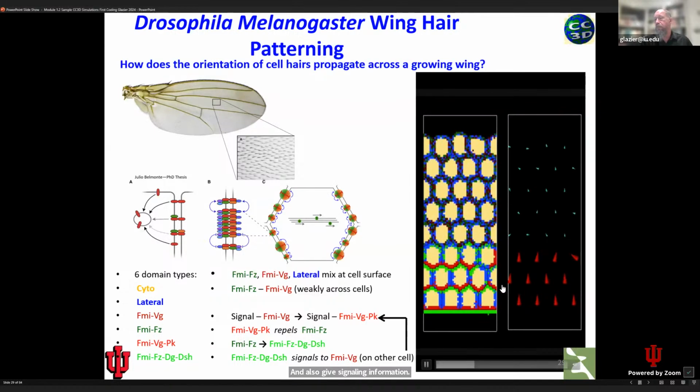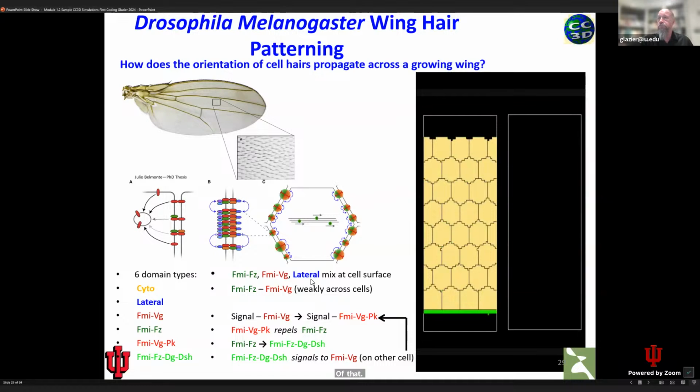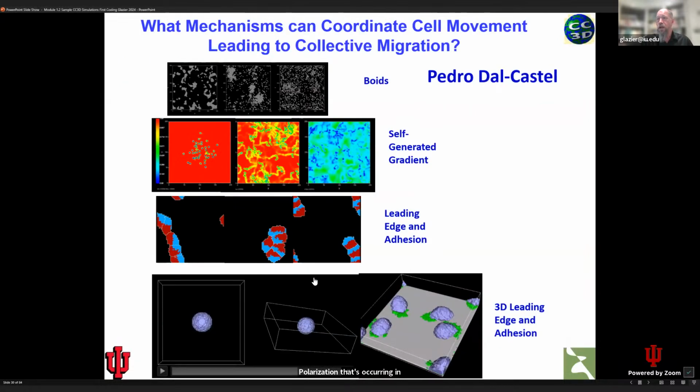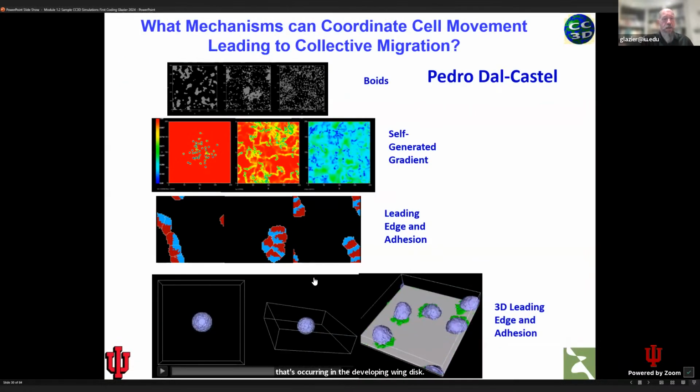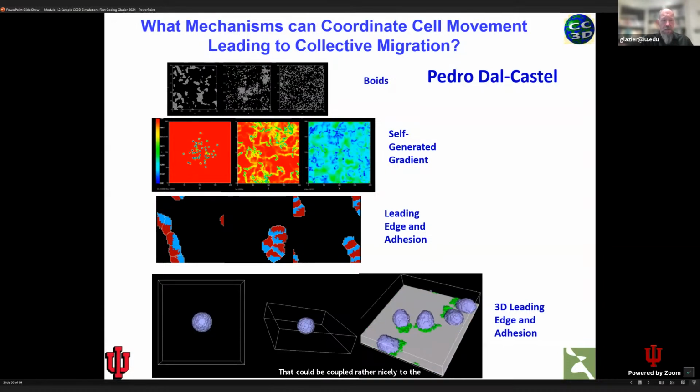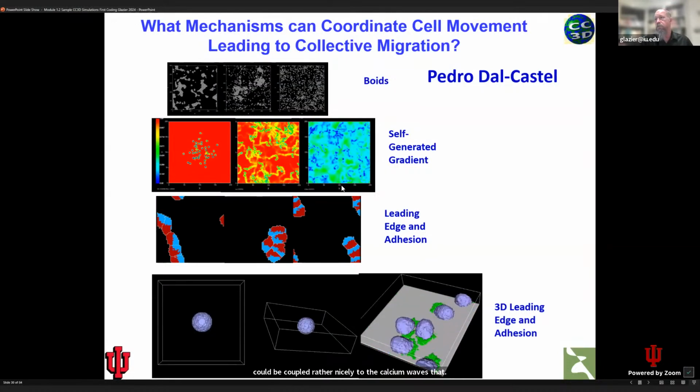That lining up happens through a mechanism called planar polarity that involves migration of receptors from one surface of the cell to the other. And this is a detailed simulation of that polarization that's occurring in the developing wing disc. That could be coupled rather nicely to the calcium waves that our Notre Dame friends are working on.